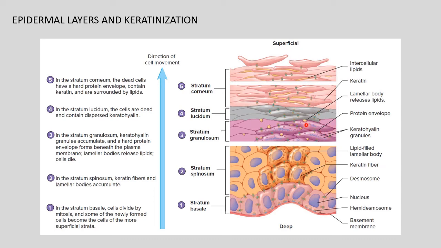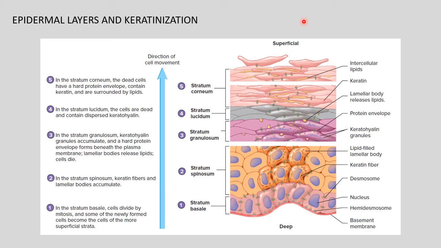This protein envelope forms beneath your plasma membrane. So as the lipid bodies are released and the protein envelope forms, the keratinocytes die, and they lose their nucleus. It's at that stage that they lose the nucleus and die.